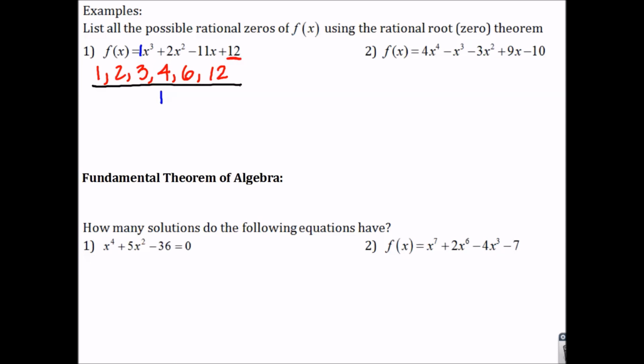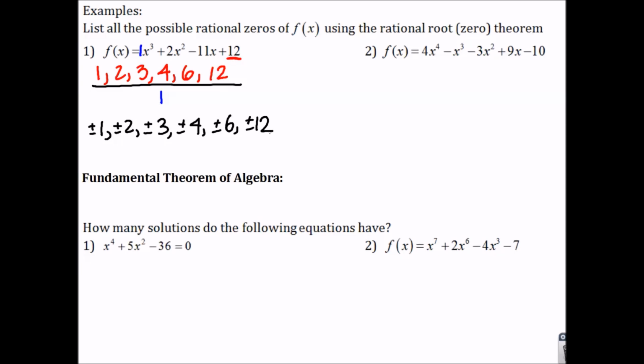So the rational roots theorem says that we need to divide all the factors of the constant by the factors of the leading coefficient. So 1 divided by 1 just gives us 1. And I'm going to stick a plus or minus in front of it. That way we don't have to write out both +1 and -1. 2 divided by 1 is 2. 3 divided by 1 is 3. 4 divided by 1 is 4. 6 divided by 1 is 6, and 12 divided by 1 is 12.